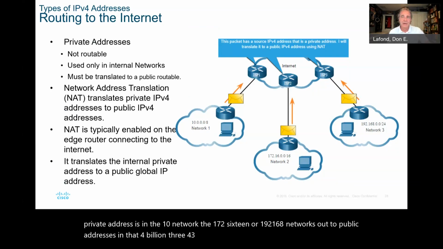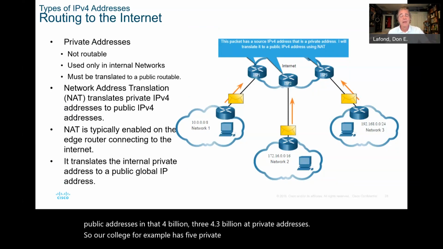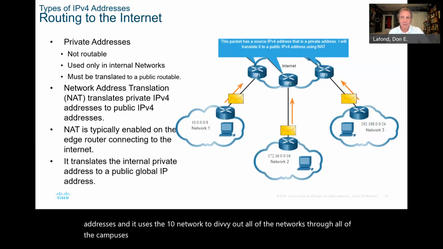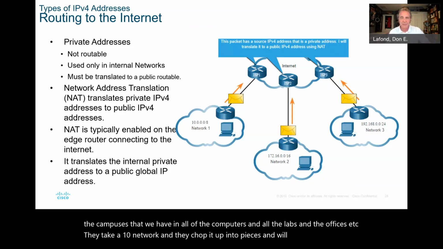So our college, for example, has five public addresses, and it uses the 10 network to divvy out all of the networks through all of the campuses that we have and all of the computers and all the labs and the offices, etc. They take a 10 network and chop it up into pieces, and we'll learn about subnetting in our next presentation.